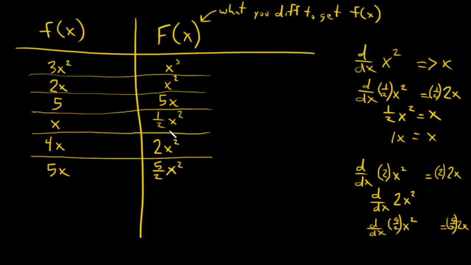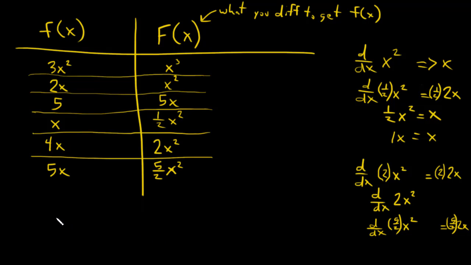We got a little table put out here. Is there a pattern to go from my little f of x to the big F of x, which is what I differentiate to get the little f of x? Alrighty, well, I'm going to give you a big hint in that we already said that we're kind of having to think backwards, right? Instead of differentiating, we're thinking about what would I have differentiated?